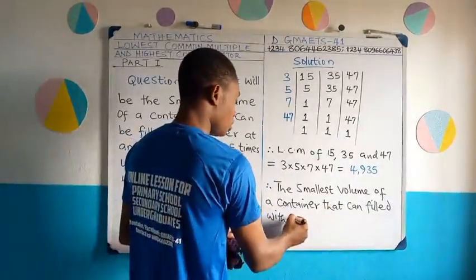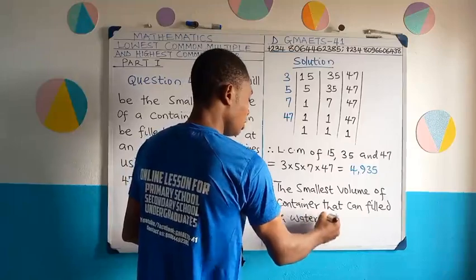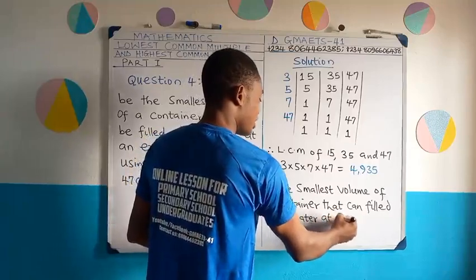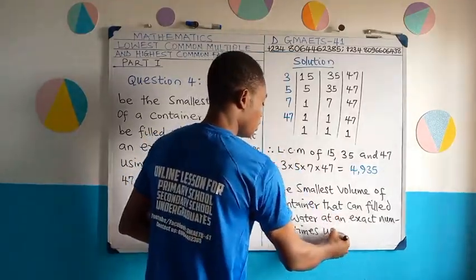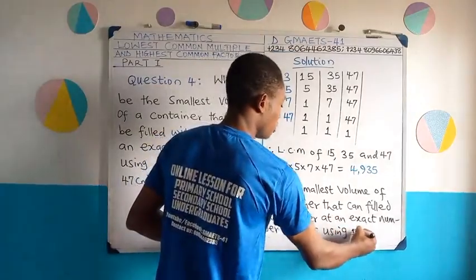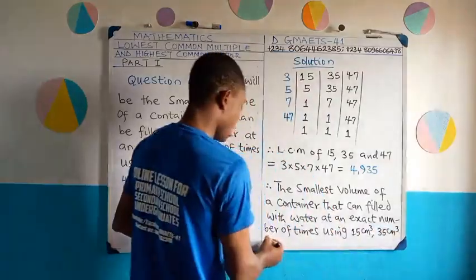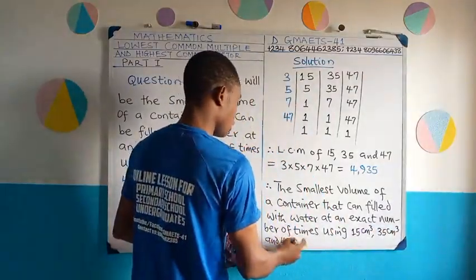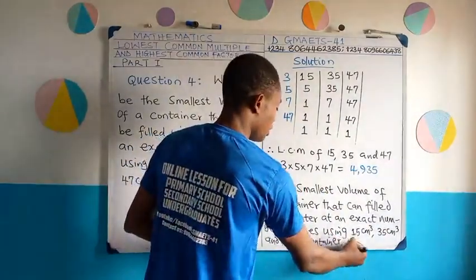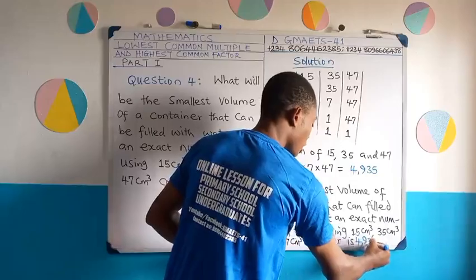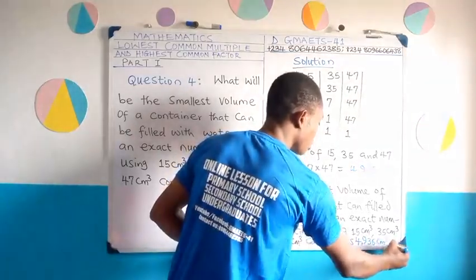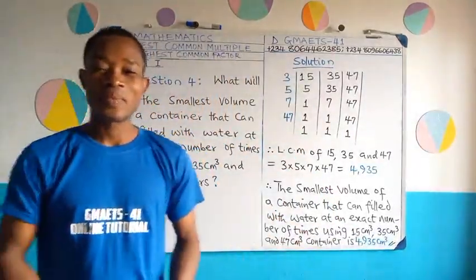So that can be filled with water at an exact number of times using 15 cm cube, 35 cm cube, and 47 cm cube container is 4,935 centimeter cube. That is our answer.